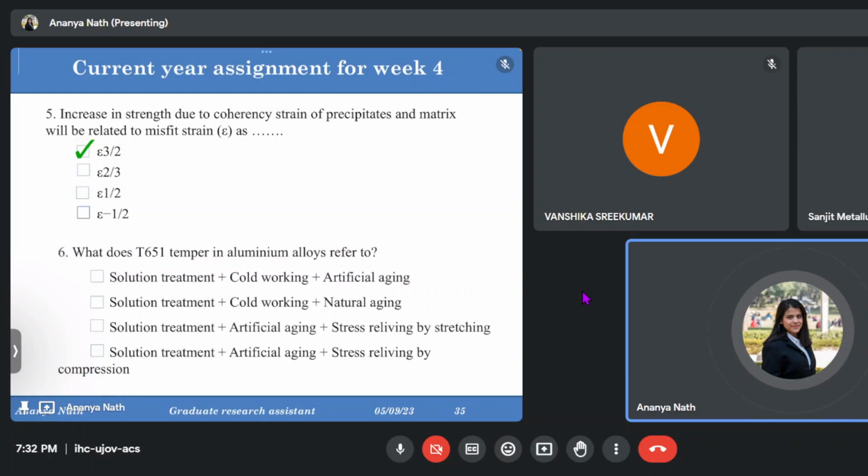What does the T651 temper aluminum alloy refer to? It's easy. I have already discussed this type of question in a previous year assignment as well.